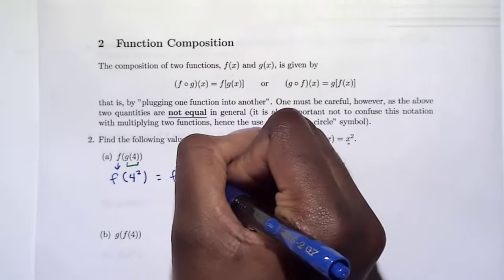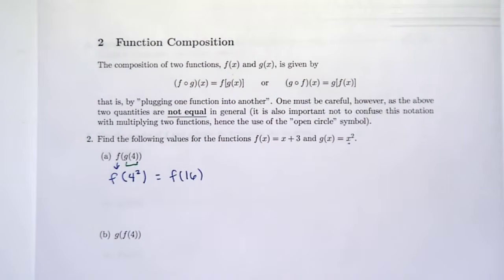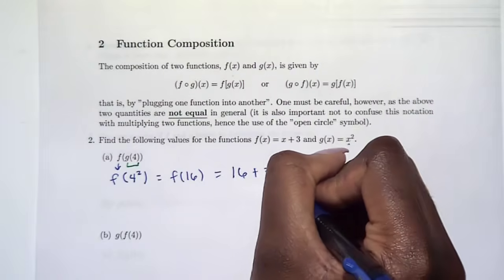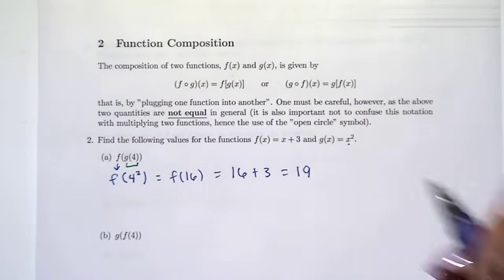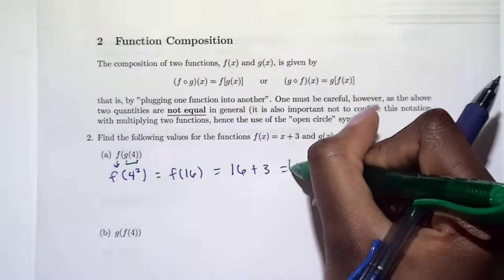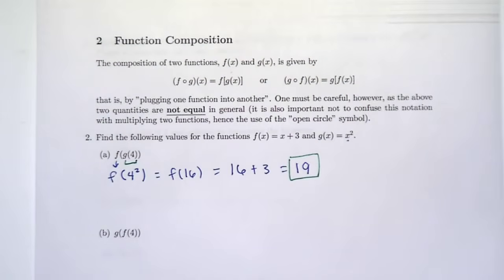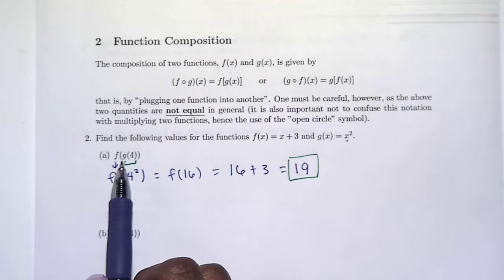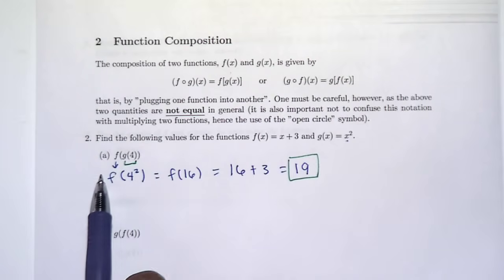So now I need to find f of 16. And so we can do that by plugging 16 into f. All right, so we're going from the inside out. So we found g of 4, and then we found f of whatever that answer was.